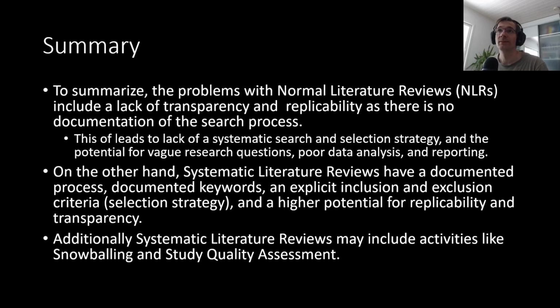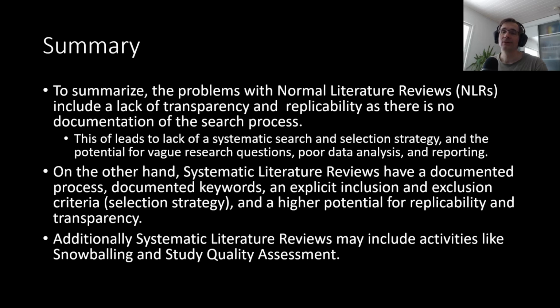To summarize, the problems with normal literature reviews include lack of transparency and replicability, as there is no documentation of the search process. This may also lead to lack of systematic searches and selection strategy. Also, other possible problems are vague research questions, poor data analysis, and reporting.